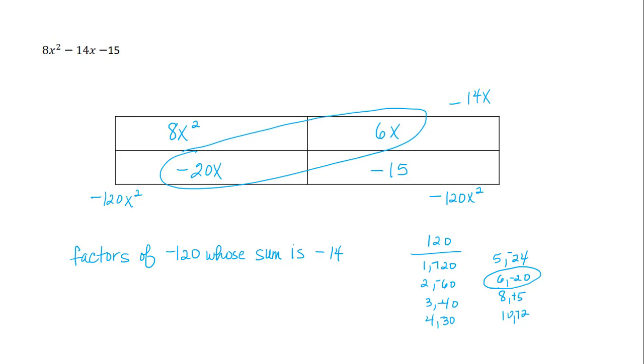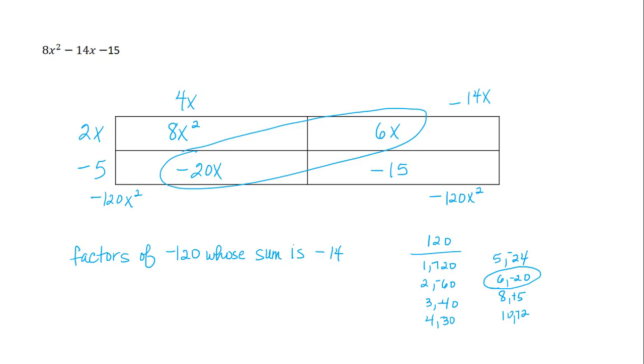And then I'm just going to find the common factors of the rows and the columns. So the common factor between 8x squared and 6x, 2x goes into each of those. The common factor between negative 20x and negative 15 is negative 5. What's common between 8x squared and negative 20x? 4x goes into each of those.